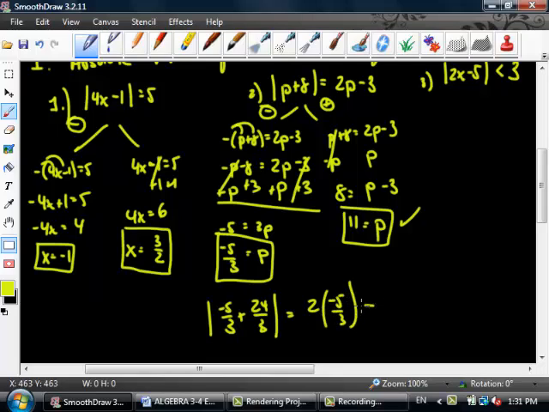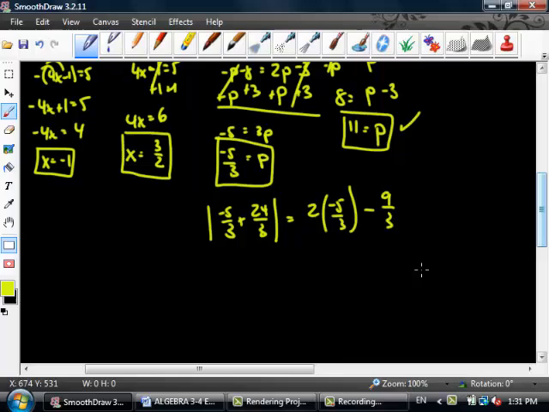This is going to be negative 10 over 3, so I'm going to make this 9 over 3. The something in the absolute value is going to be positive. Does it work? Absolutely not.